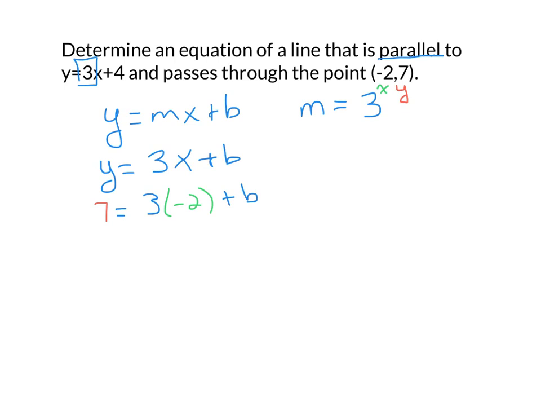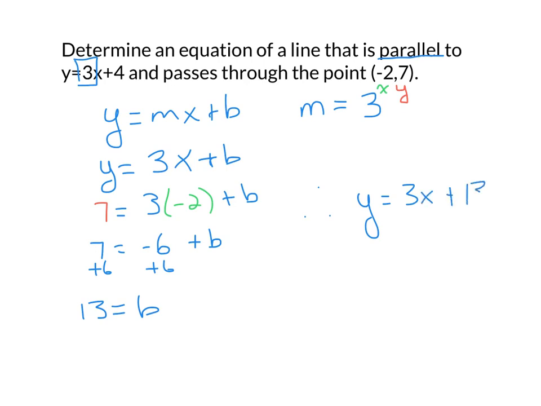And now we can go ahead and solve for b. 7 equals -6 plus b. Then we'll add 6 to both sides. 13 equals b. So now we can go ahead and just state our equation. Y equals 3x plus 13.